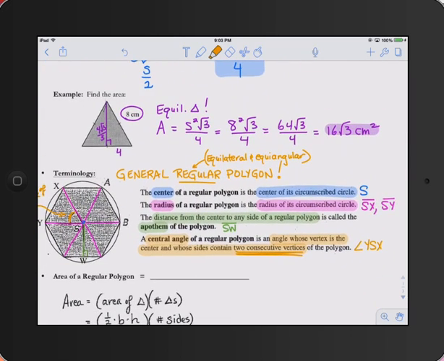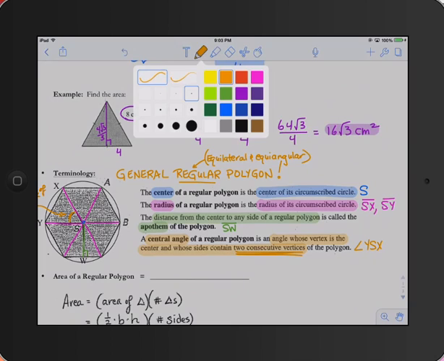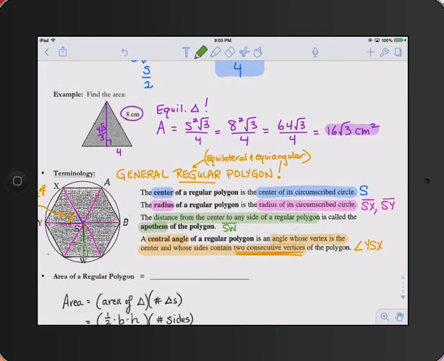I wanted to go back up here for a second. I want to make sure that we point out the distance here is the perpendicular distance. So make sure that when you're looking for the apothem, you're looking for the altitude of the triangles.